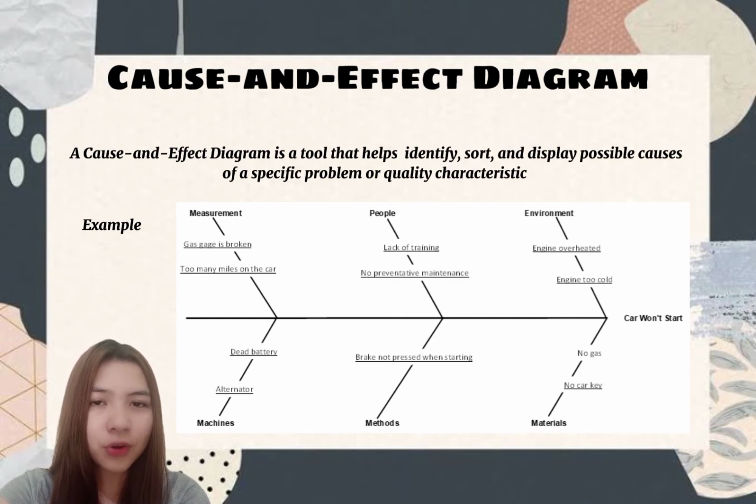The causes of variation in these characteristics are categorized into 6 main factors: measurement, people, environment, machines, method, and materials. For example, a detailed cause under the machines main factor is a dead battery.